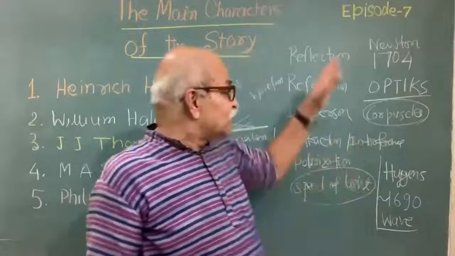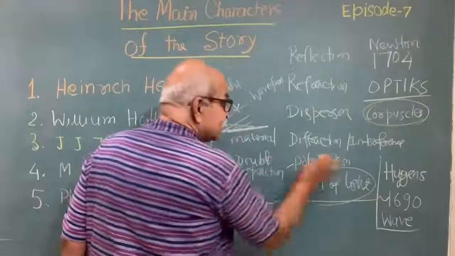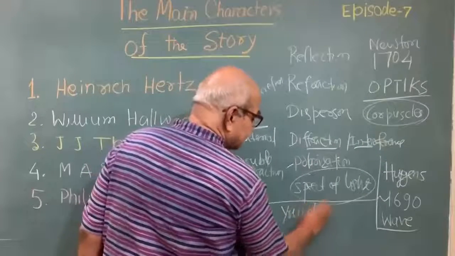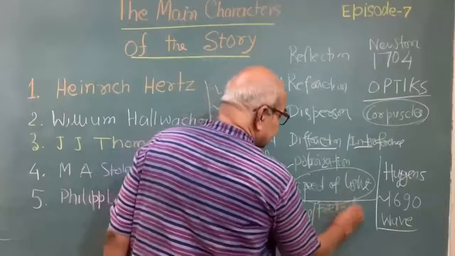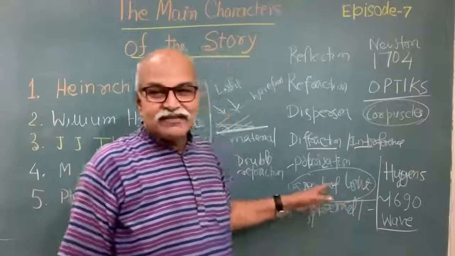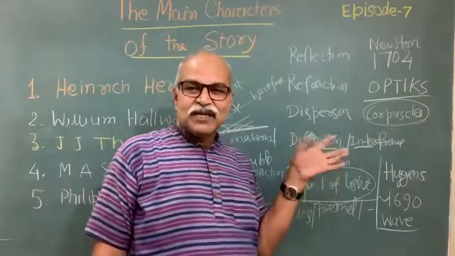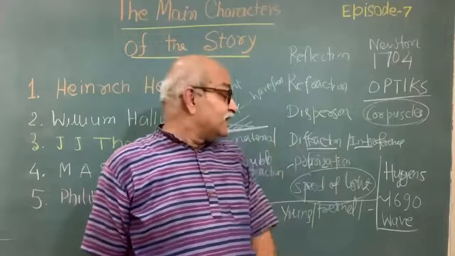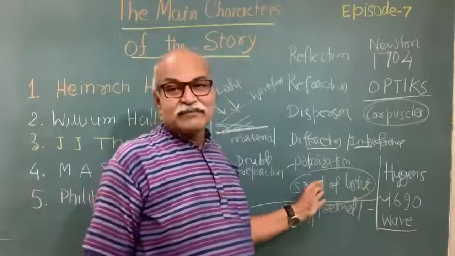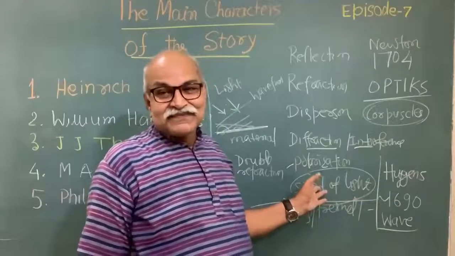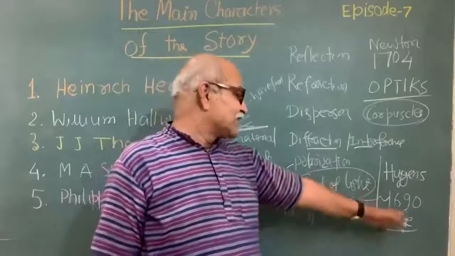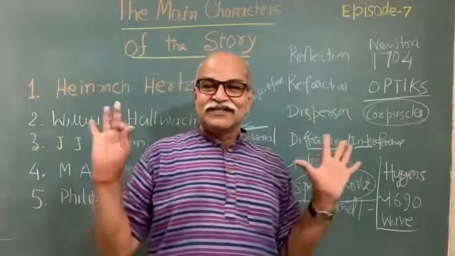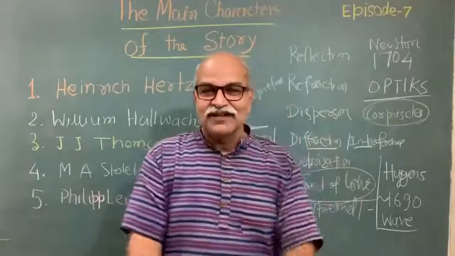These people performed experiments again on diffraction and interference, and those experiments somehow tilted the balance in favor of this wave theory. And finally, when the speed of light was measured in the laboratory in water, then of course this wave theory won. Alright, so then it was fully established that light is not a stream of particles.